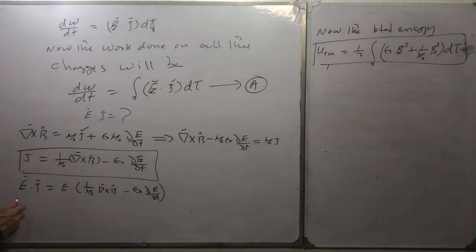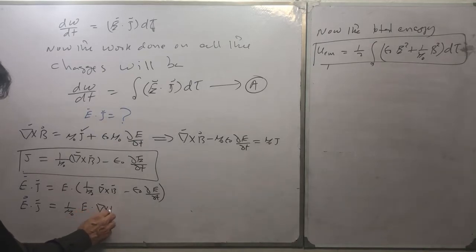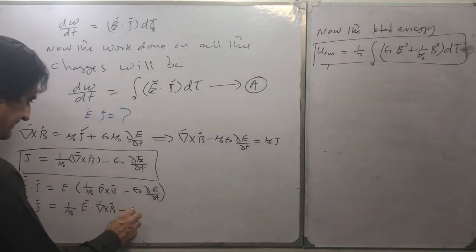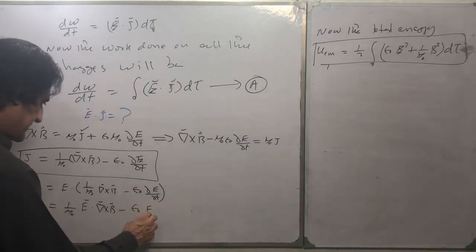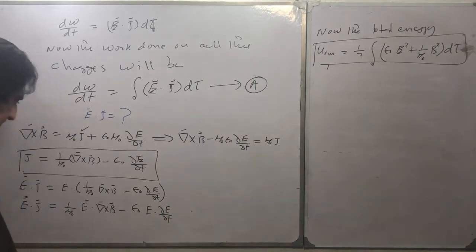And here, E dot J is equal to 1 over mu naught E dot (del cross B) minus epsilon naught E dot partial E divided by partial t.